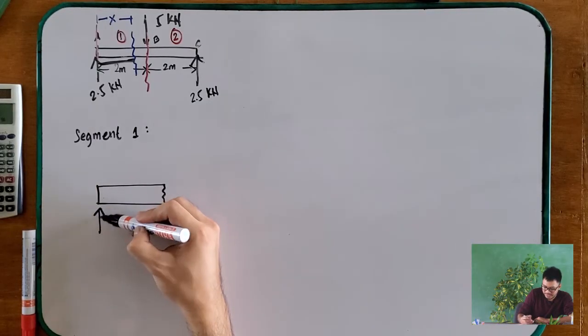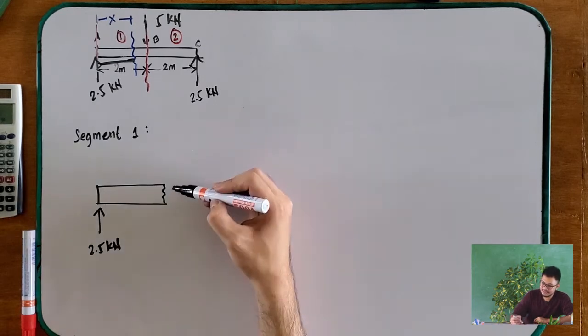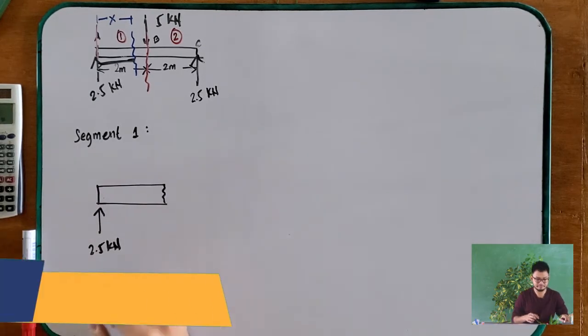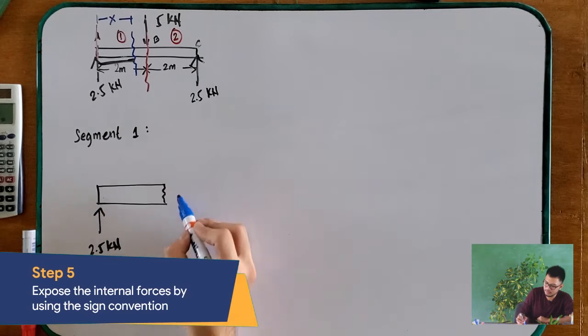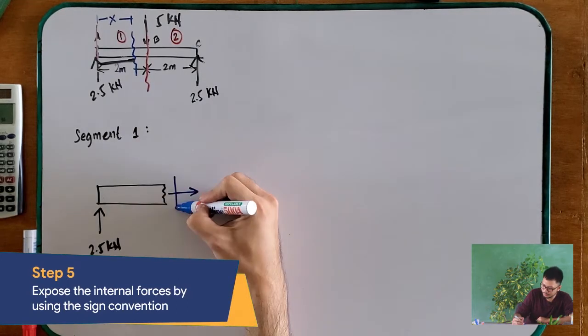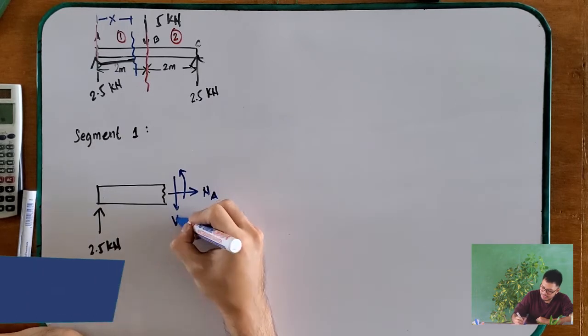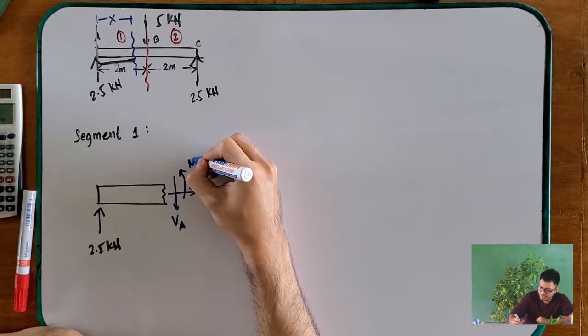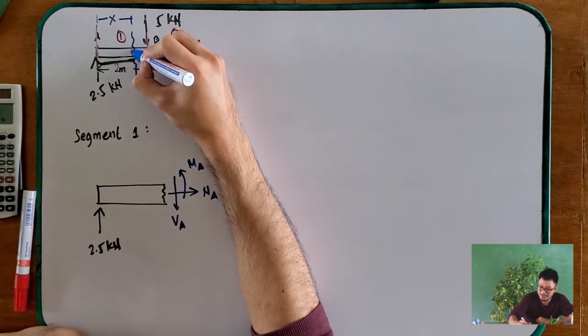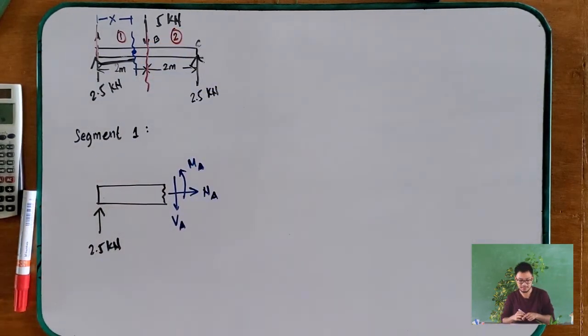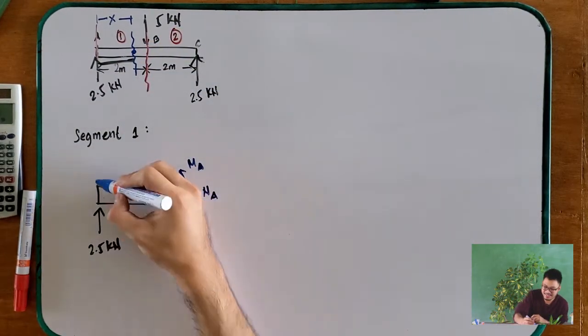This is 2.5. And this one, of course, I'm going to use the sign convention. Let's just call these NA, VA, and MA. So there I named them NA, VA, and MA. Okay. And what is the distance here?